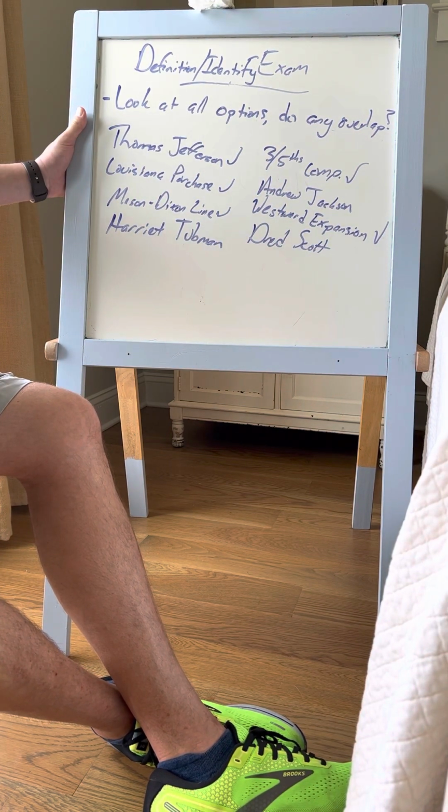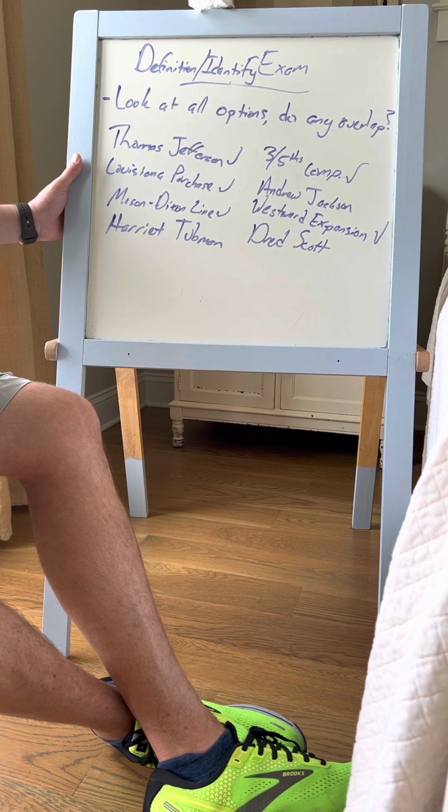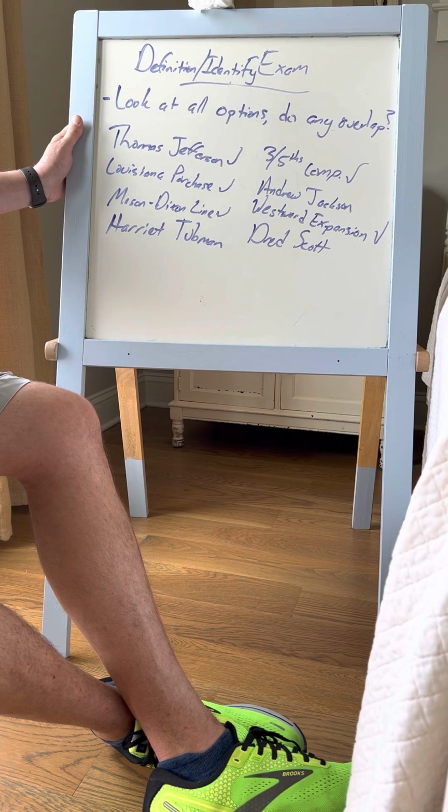So if we take a look, Thomas Jefferson relates to the Louisiana Purchase because the Louisiana Purchase was done while Jefferson was in office at his urging. So it doubled, or more than doubled, the size of the United States at that particular time. Jefferson was also someone who owned enslaved people.